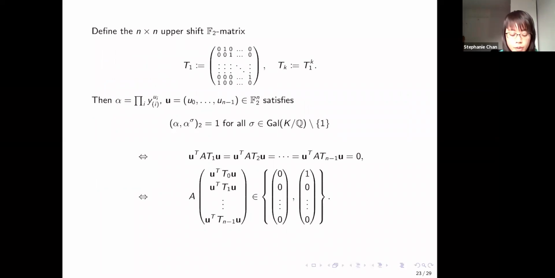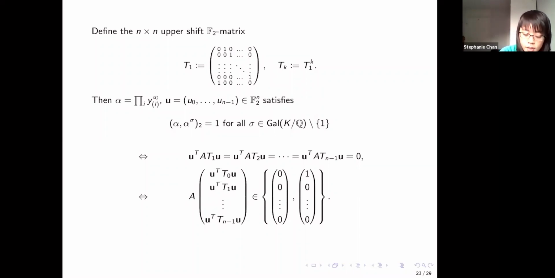So the idea is that we can convert this Hilbert symbol condition into a condition in terms of A and the upper shift matrix. And we can reduce this problem to a linear algebra problem, where we're trying to count the number of row vectors that satisfy this linear algebra condition.